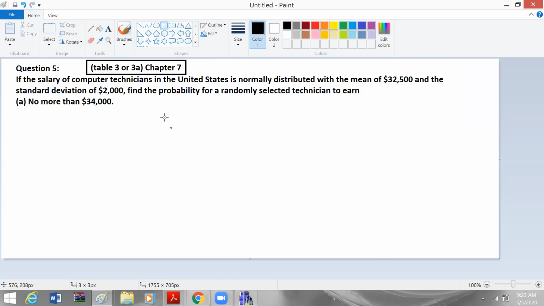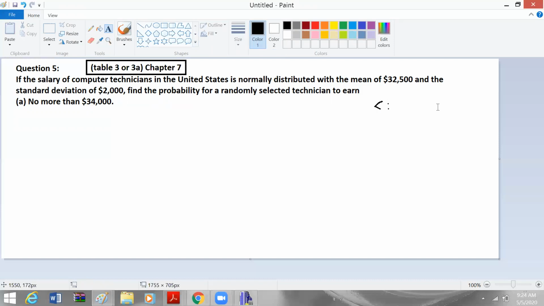Pretty much the same thing that we had on the second exam that we computed. So we have no more than, meaning less than, right? We have certain keywords that we need to know, like no more than. So the sign less than would be followed by the keyword.